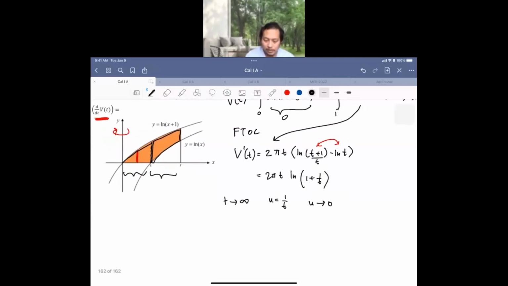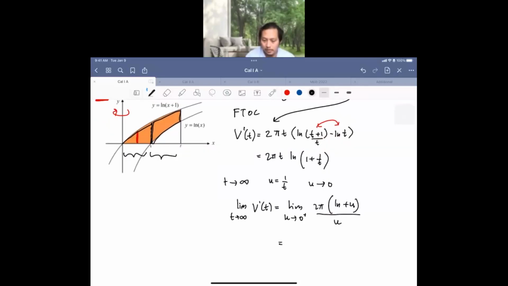So we change this to u going to 0 and 2 pi ln 1 plus u over u, where 1 over t becomes u. This is ln 1 plus u, sorry, let me write carefully.